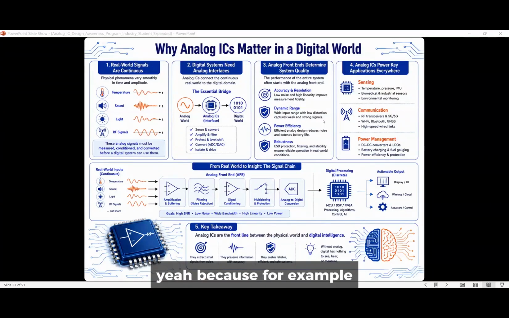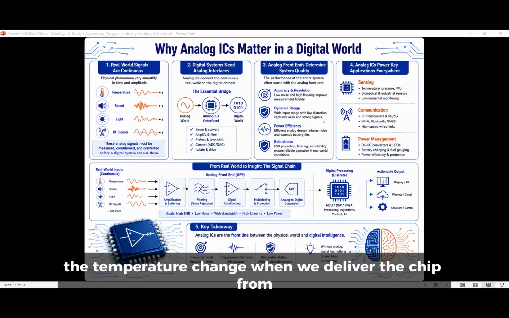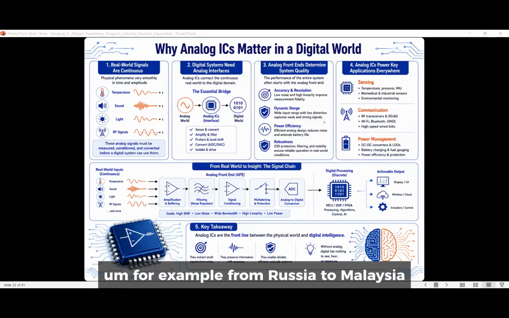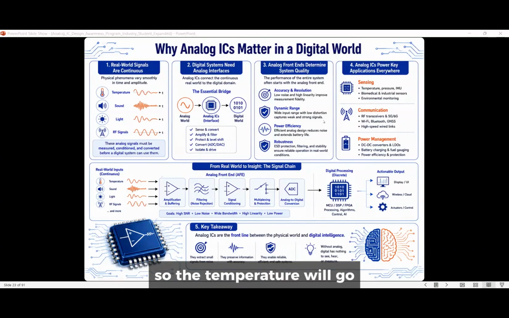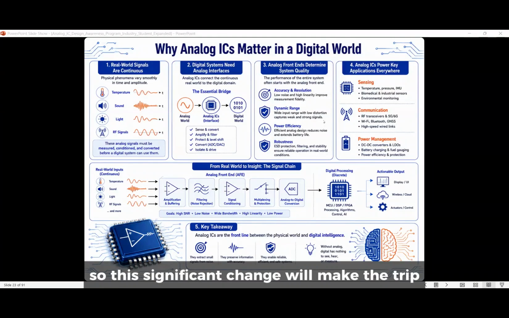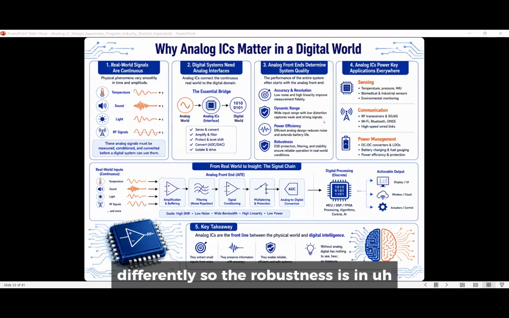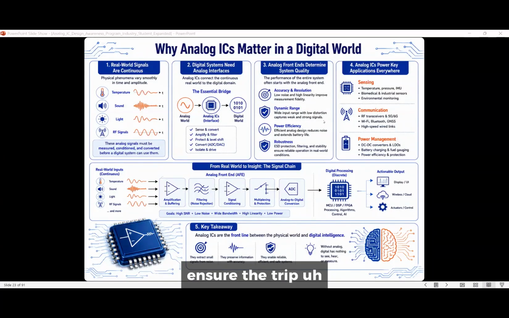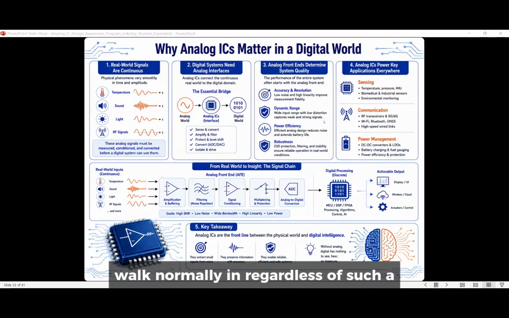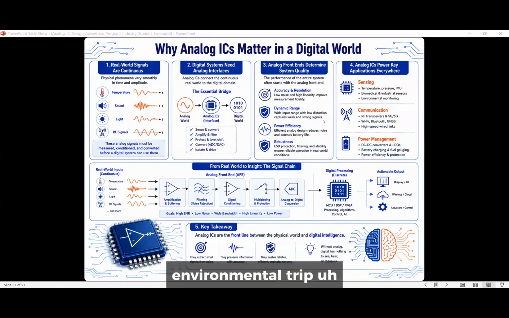For example, the temperature changes when we deliver the chip from, for example, Russia to Malaysia, so the temperature will go through maybe minus 40 degrees to 20 degrees, right? So it's a big change of temperature. This significant change will make the chip operate differently. So robustness ensures the chip works normally regardless of such environmental variation, right?